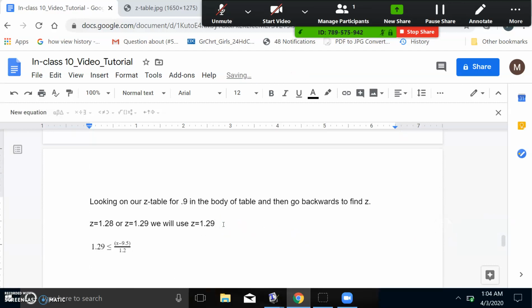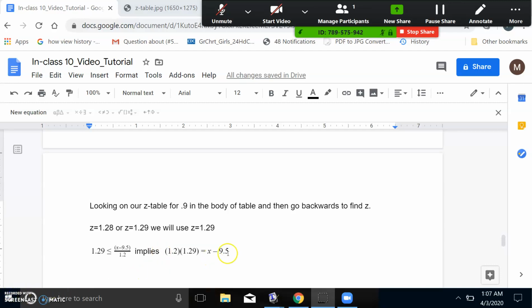So this implies, multiplying both sides by 1.2, we get the following. Then solving for x, we add 9.5 to both sides, so x equals 1.2 times 1.29 plus 9.5.